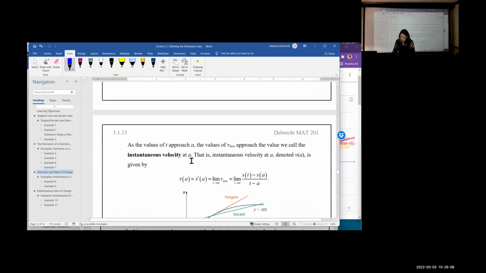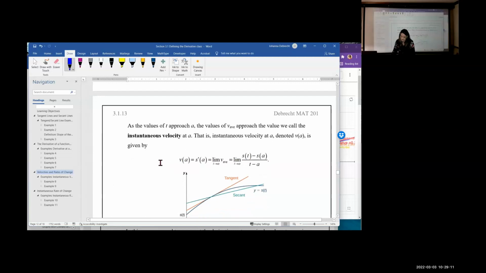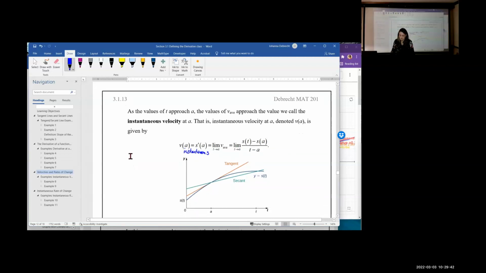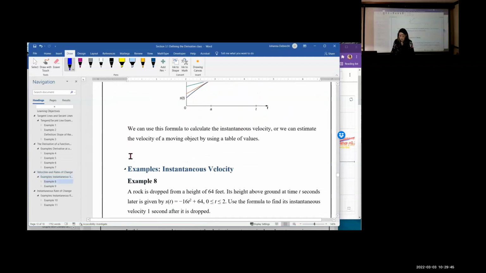So V instantaneous is given by this formula right here. Basically it's the same thing, just in a different arena. Average velocity, slope of the secant line. Instantaneous velocity, limit of the slope of the secant line, slope of the tangent line.